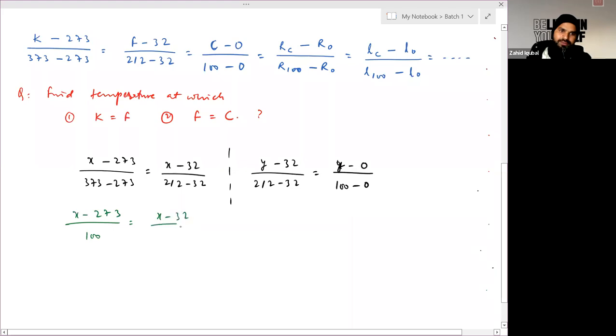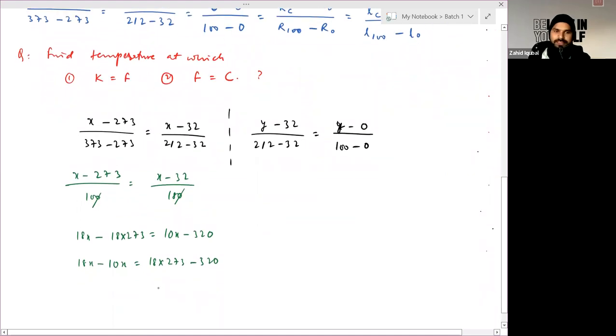X minus 32 divided by 212 minus 32, 180. So this and this will cancel out. Just cross multiply: 18x minus 18 into 273 equals 10x minus 320. So move this 10x to the left side and the rest of the terms to the right side. So 18x minus 10x will be 18 into 273 minus 320.